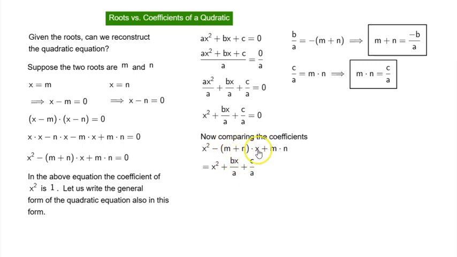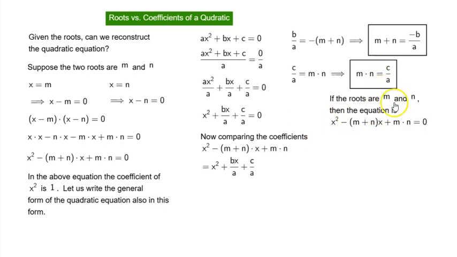That is, the coefficients of x are equal. Coefficients of x square are anyhow equal because in both cases they are 1. Now what about c by a? C by a is equal to m times n. Let's take minus to the other side. We end up with m plus n is equal to minus b by a, and m times n is equal to c by a.